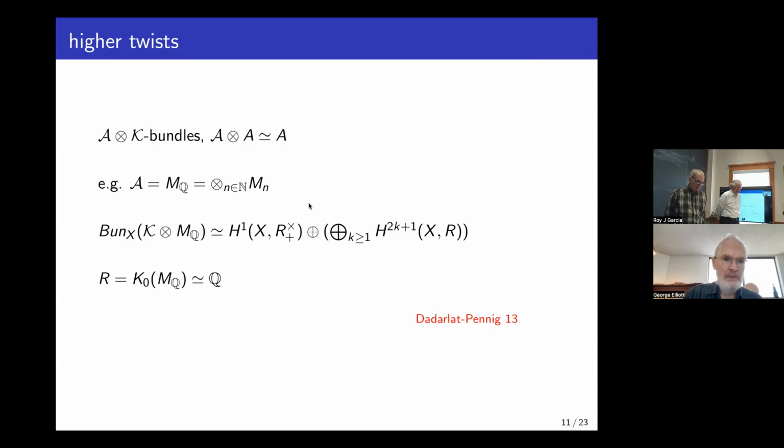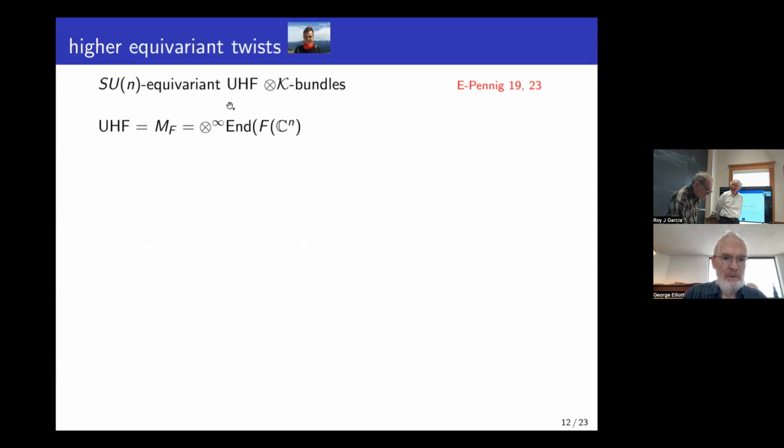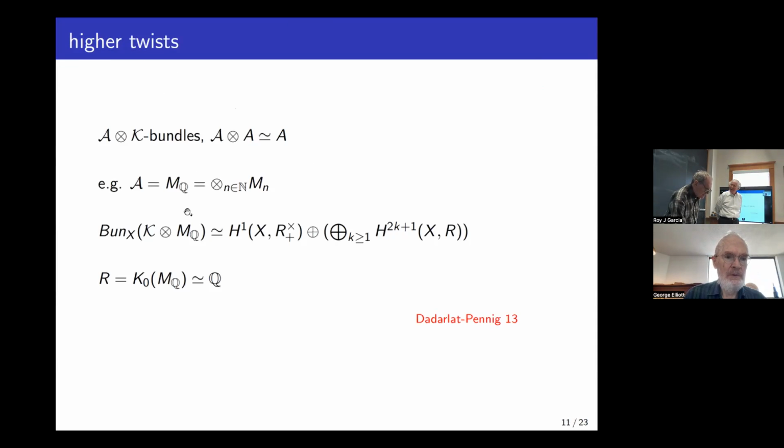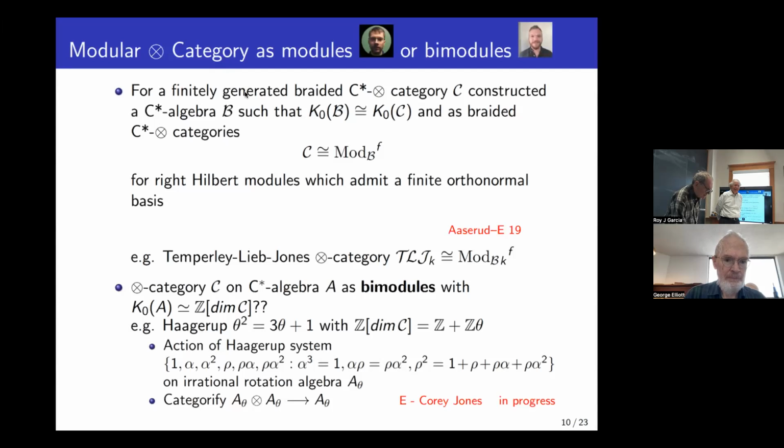Can you hear me? I'm just wondering, on slide 10, what properties the algebra B that arises has. Is it always a simple Cuntz algebra? And is the rotation algebra A theta down below a special case of the B?